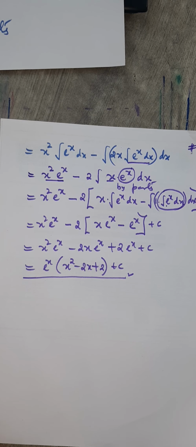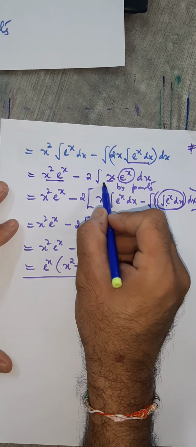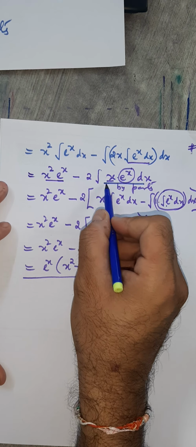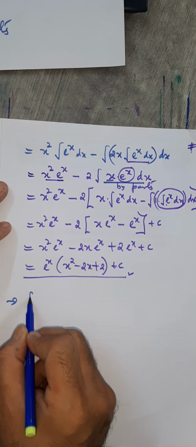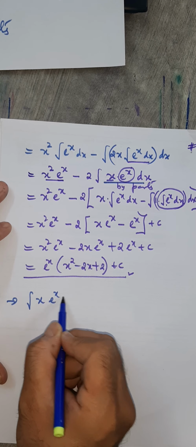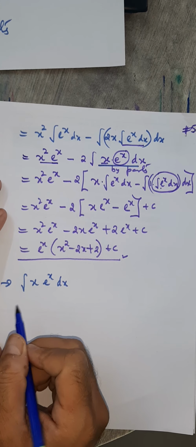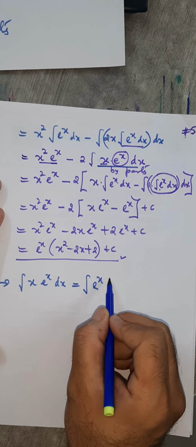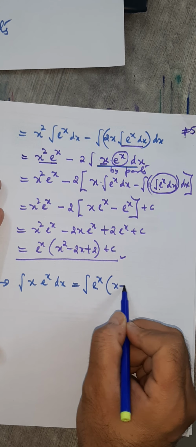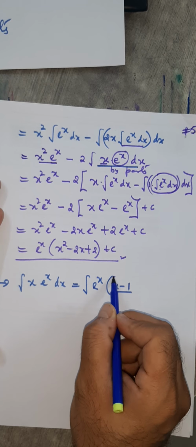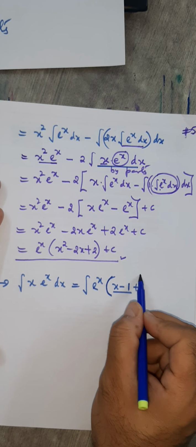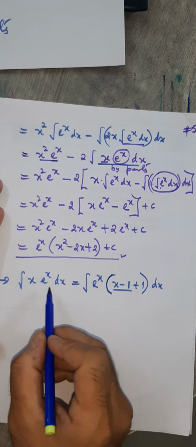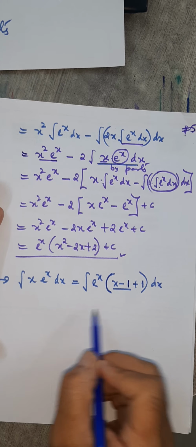Okay, now over here just one point I would mention here. This place you can do like this also, remember, if you want. If x into e raised to x dx, I can rewrite like this, you see, e raised to x, I'll write x minus 1, subtracting 1 and adding 1, minus 1 plus 1.